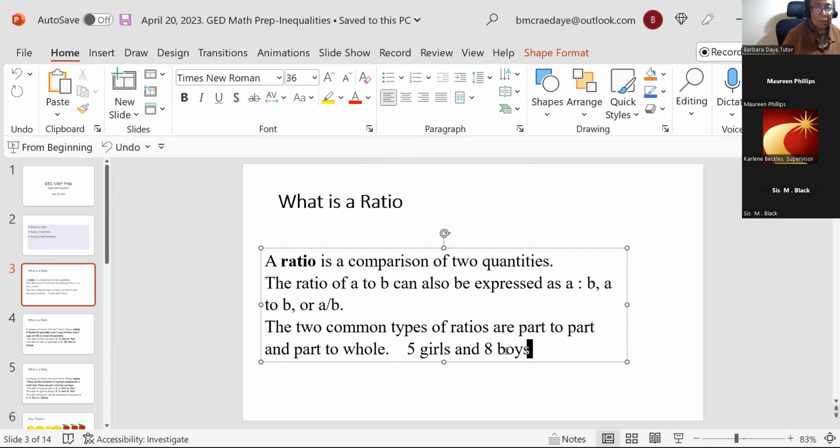8 to 5. Maureen, 5 girls, 8 boys. I gave you the numbers. So the ratio would be the ratio between these two quantities. How many boys are there, Maureen? 8. How many girls? 5. So what's the ratio? Boys to girls. Part to part. 8 to 5.